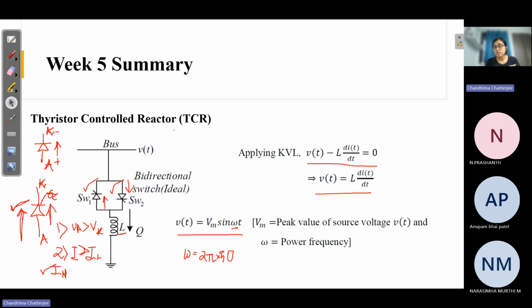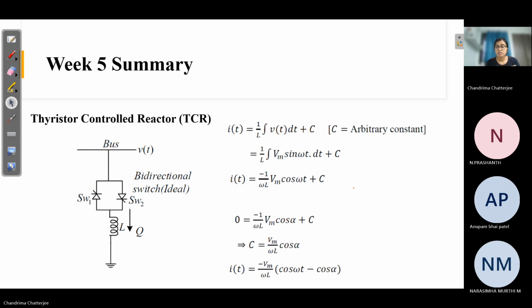So you can dictate the duration of conduction. That's how you will be able to provide a variable susceptance or variable reactance to this voltage, and then the current value will change. If the current value changes, then the reactive power also changes. So as we require a variable reactive power based on the load condition, that's why these semiconductor devices are used. Okay. Till this point, did you understand what I told?